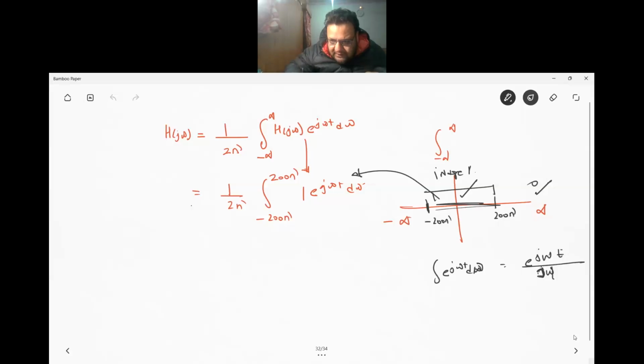So this function becomes e^(jωt) by jt. These are the limits there.